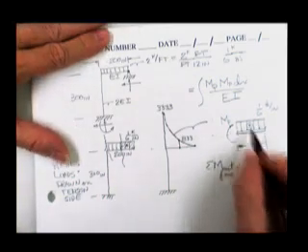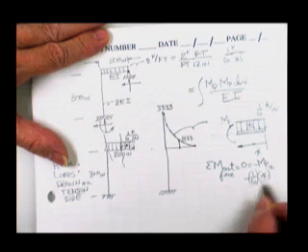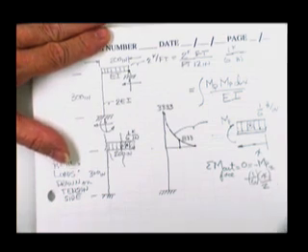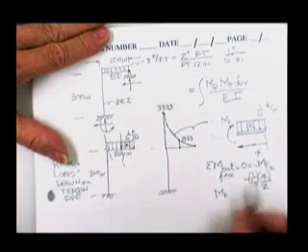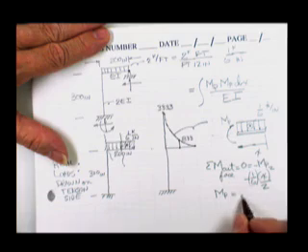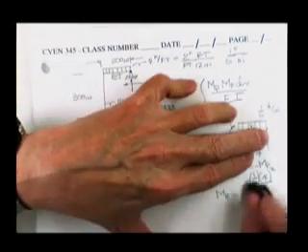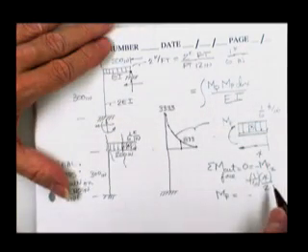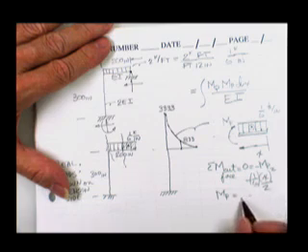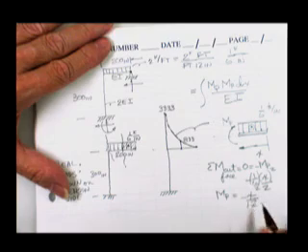Okay, times X over 2. And so M sub P is equal to minus X squared over, is that right? Minus X squared over 12.